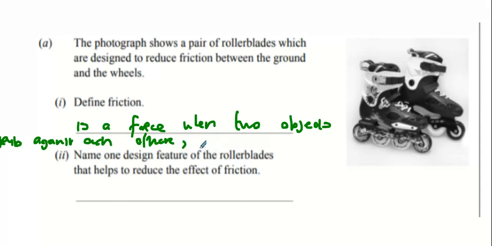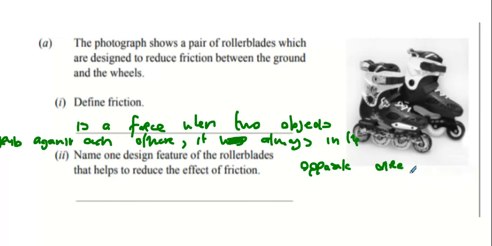It always acts in the opposite direction to the motion. So what I mean by that, guys, is that friction slows you down. If you're rollerblading and traveling to the right, the friction force slows you down, it is actually pushing to the left.